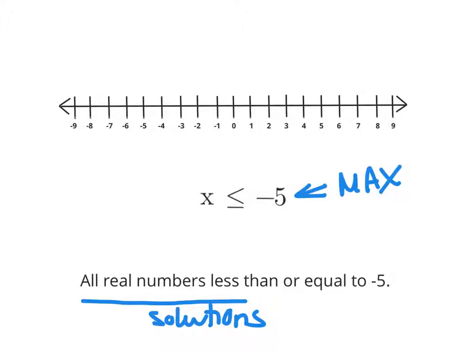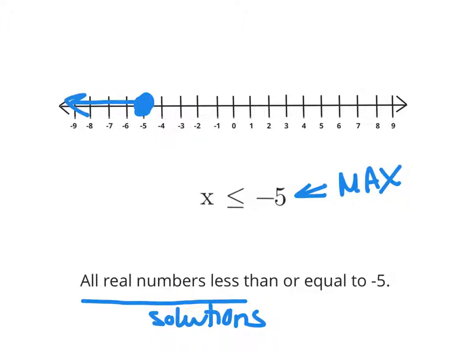Because it is a less than or equal to symbol at -5, I'm going to have a closed circle, so we're going to fill that in. And my solutions need to go to the left.